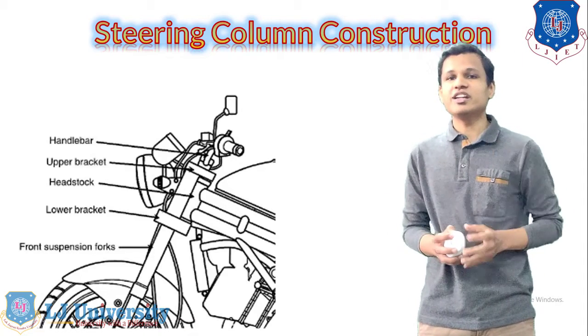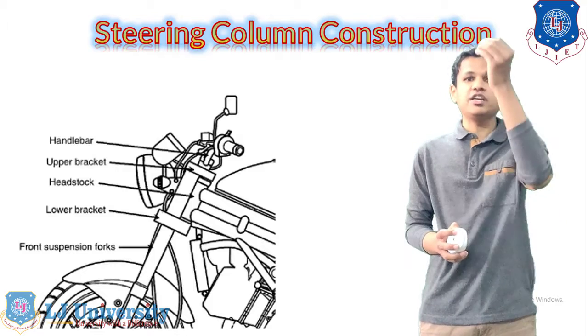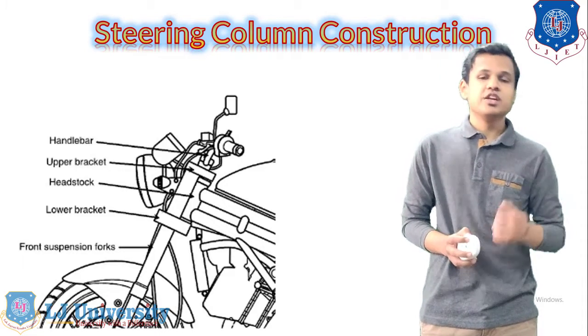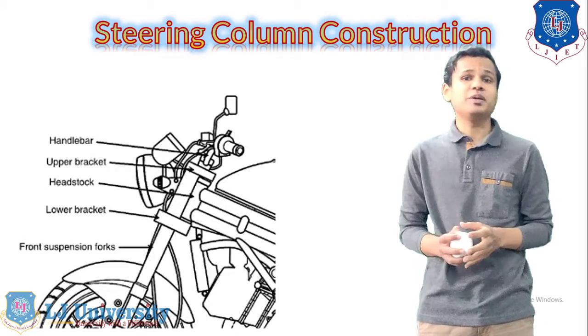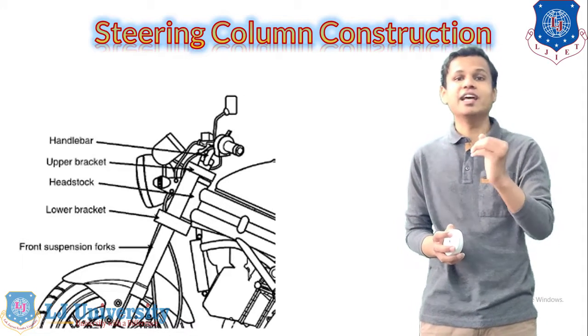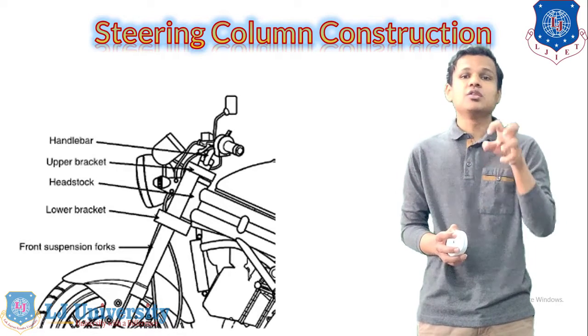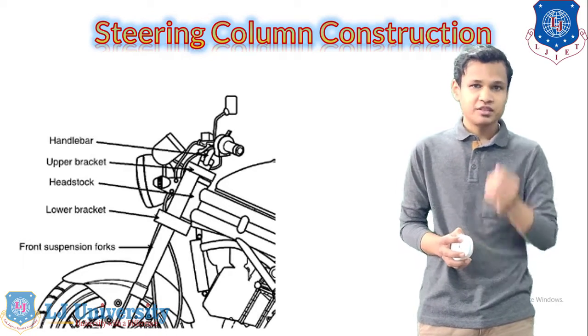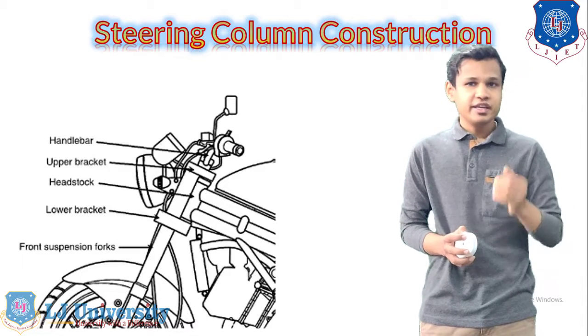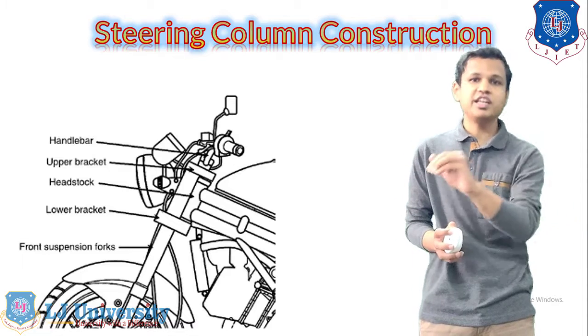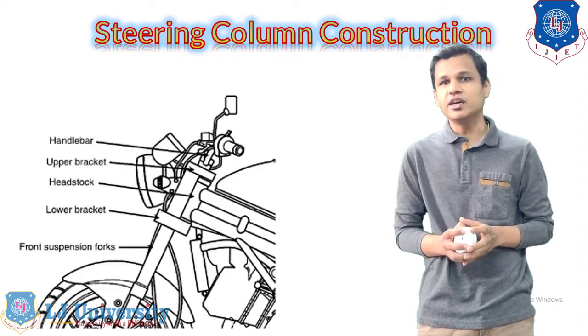In the figure you can see one example of the steering column attached to a motorcycle. The components have been named. The first one is the handlebar. The handlebar is the bar on which the handle for the driver is provided. The design of the handlebar is properly managed so that the steering of the vehicle can be easily done.